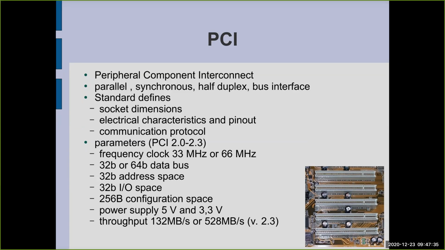I'd like you to understand what the trends are and what has changed in computer and interface architecture in the last, let's say, 10 years. So I start from the obsolete interface to show you how it evolved from PCI to, let's say, PCI Express.